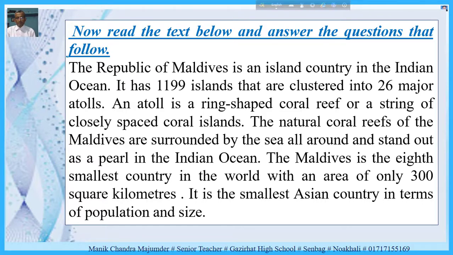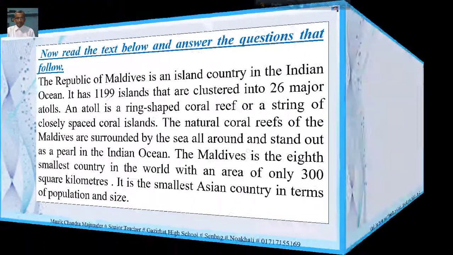The natural coral reefs of the Maldives are surrounded by the sea all around and stand out as a pearl in the Indian Ocean. The Maldives is the eighth smallest country in the world with an area of only 300 square kilometers. It is the smallest Asian country in terms of population and size.